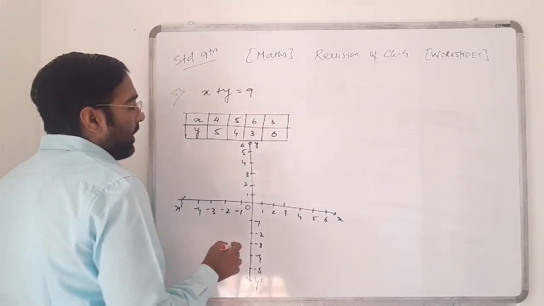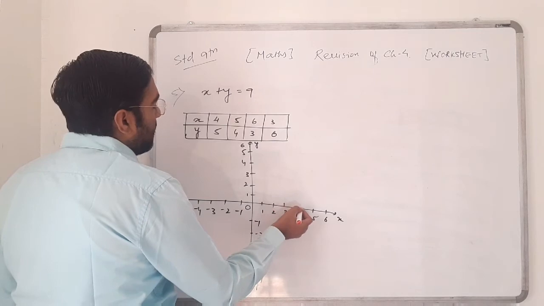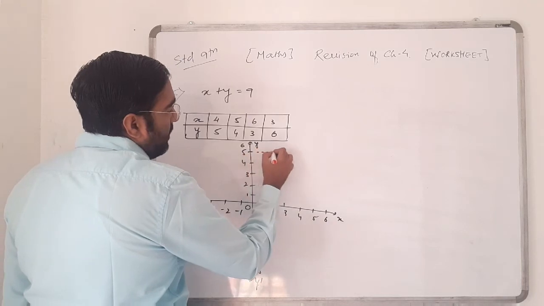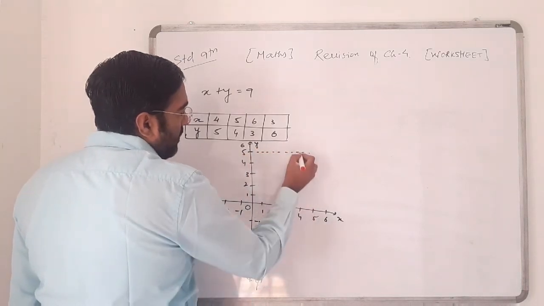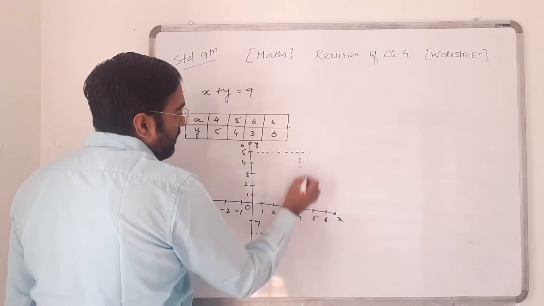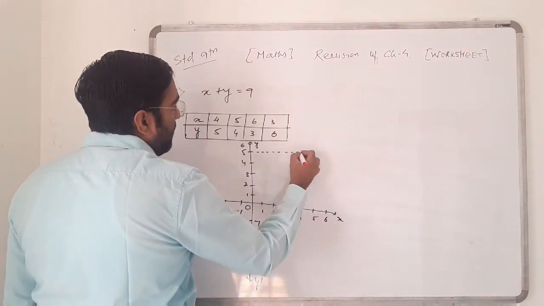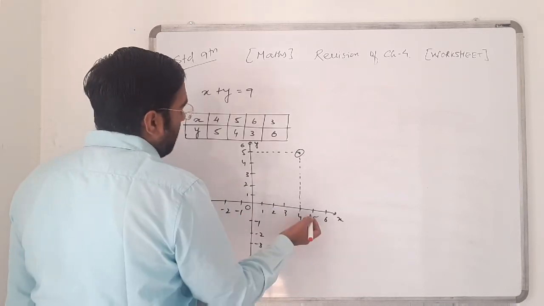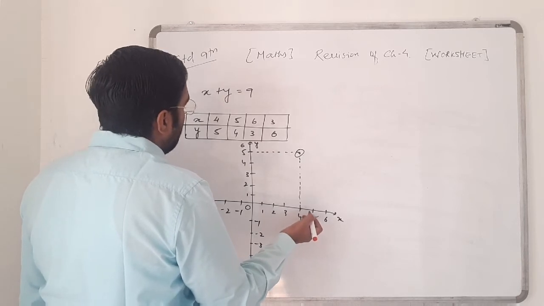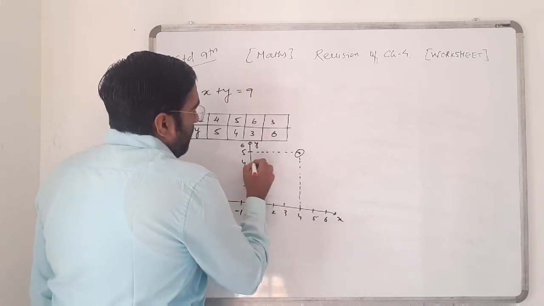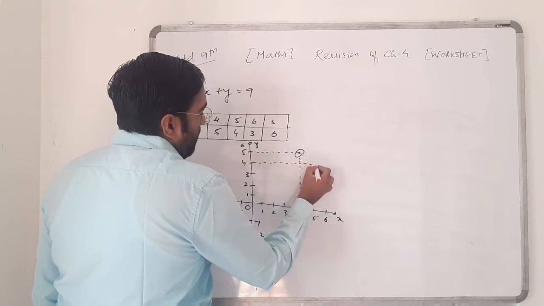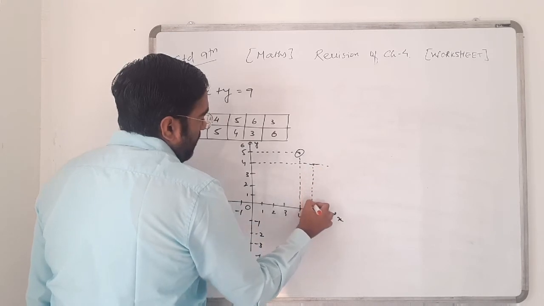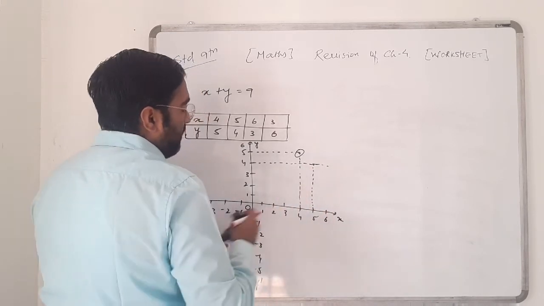Now the first one is 4 comma 5. So 4 on the x and 5 on the y. So 4 comma 5, your point is here. 5 comma 4, x is 5, y is 4, so your point will be here.